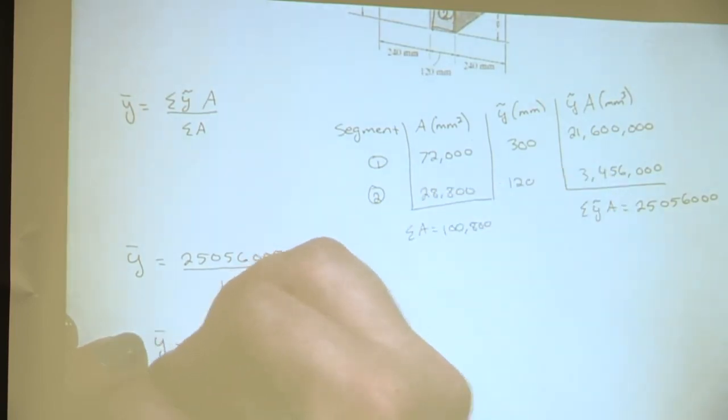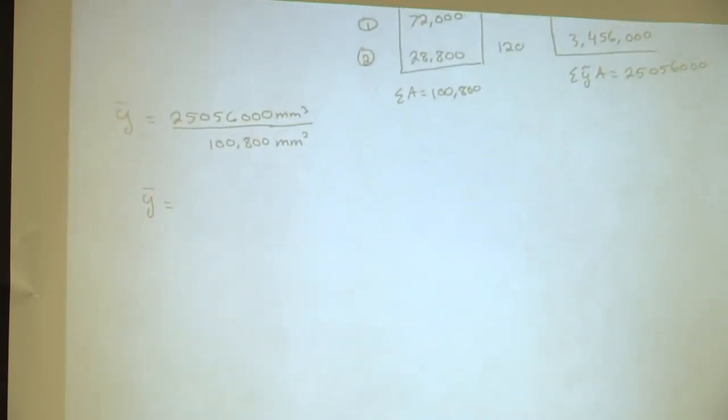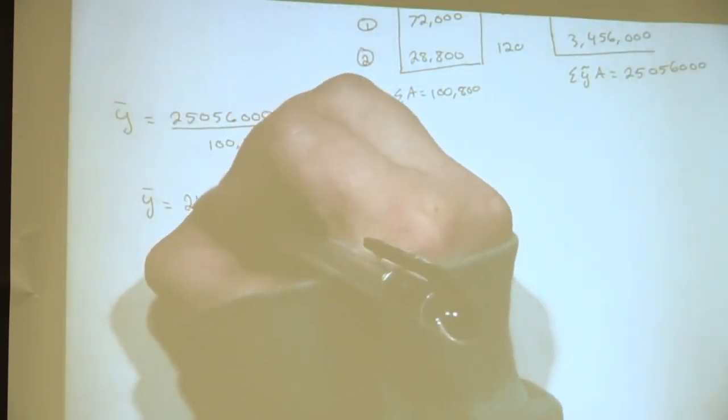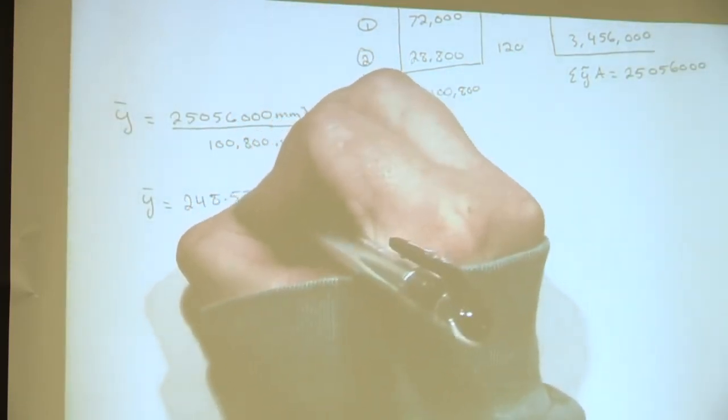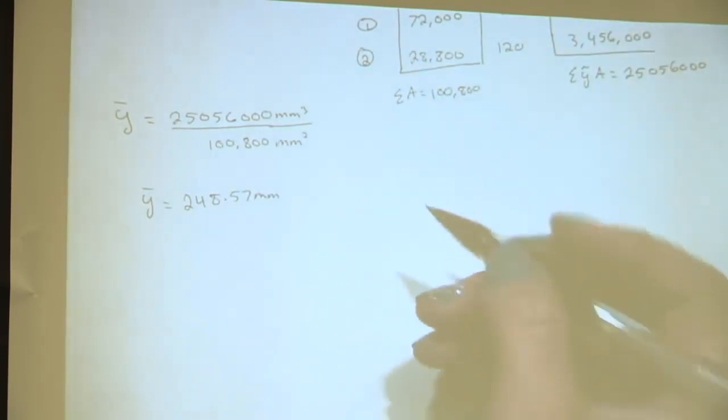Okay, so what should that give us for a final answer? 248.57 millimeters. It's always a good idea to write the units, just so you make sure you end up with the proper ones every time.